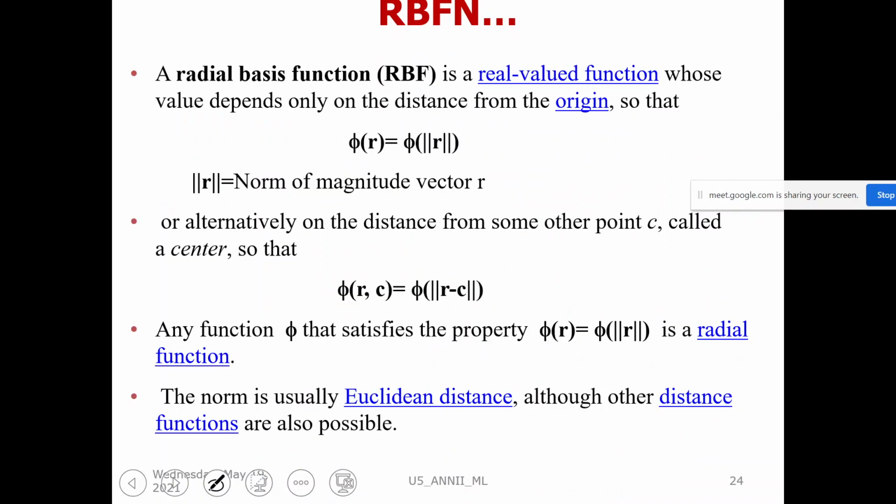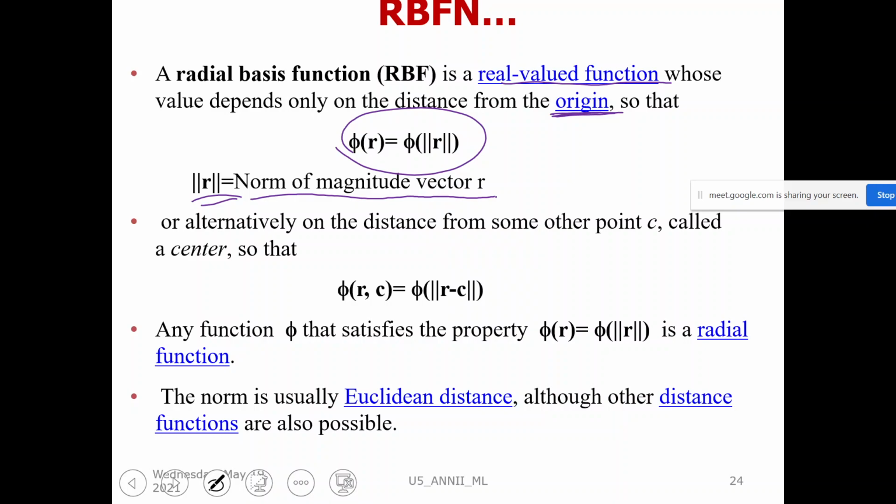The radial basis function is a real valued function whose value depends on the distance from the origin. The important part of today's lecture is that we have a practical based on this. If you don't understand this, you will not understand what practical we are going to do. So phi of r, the radial basis function, equals phi of the norm of the vector r.